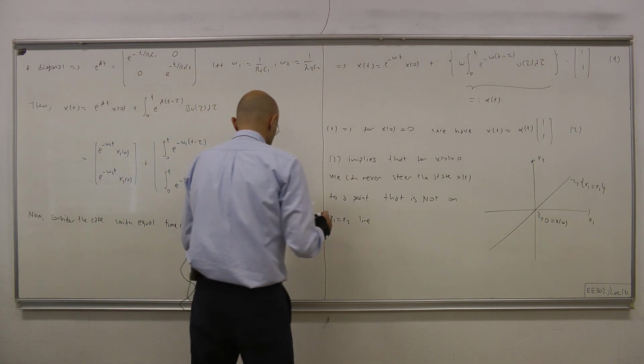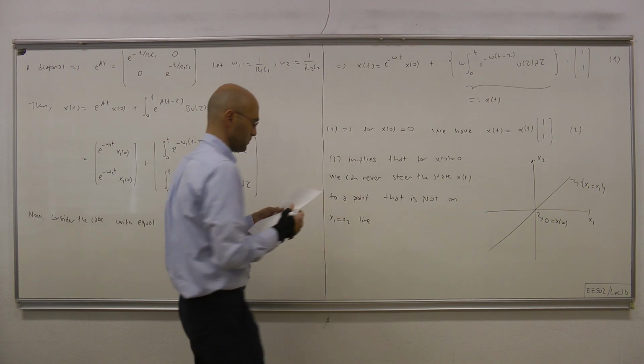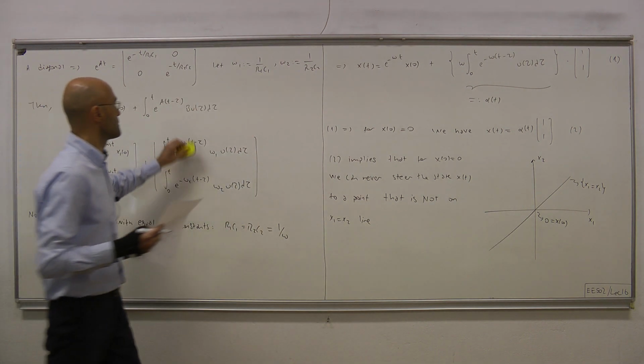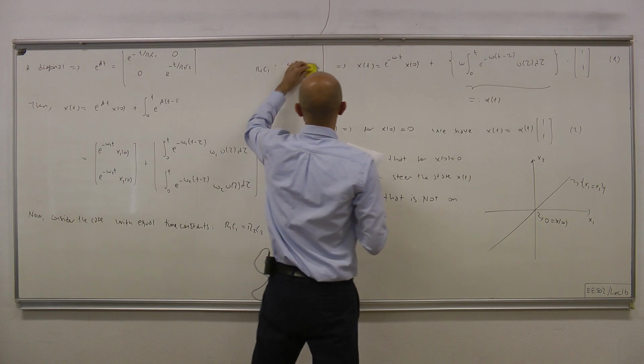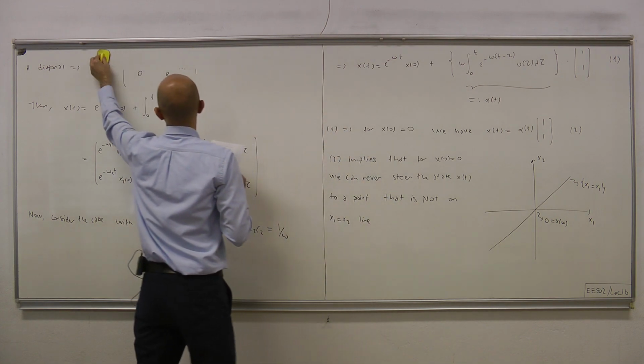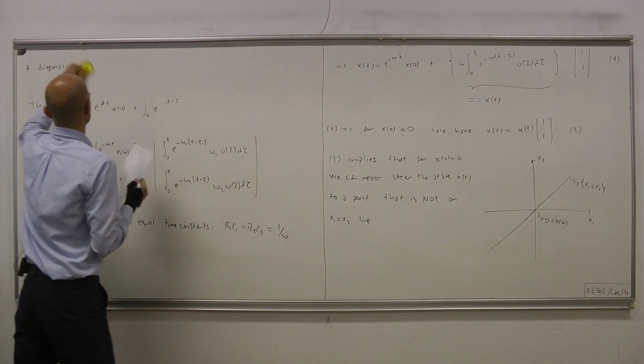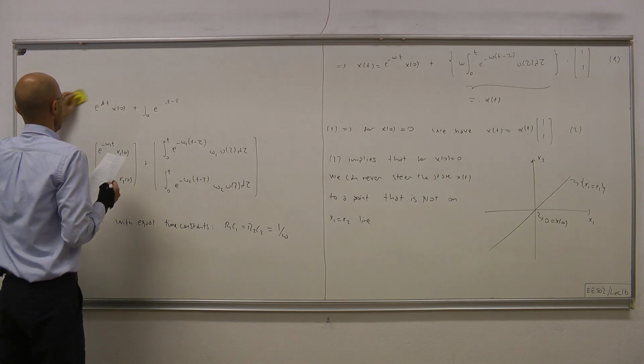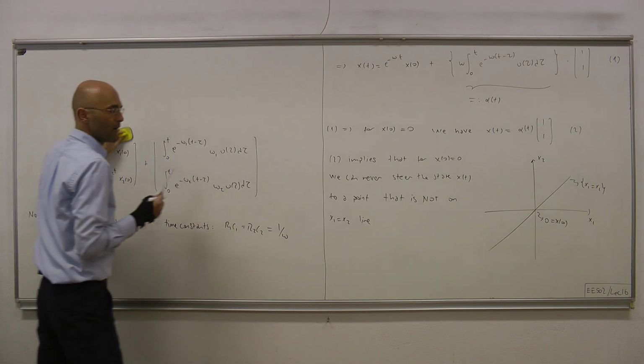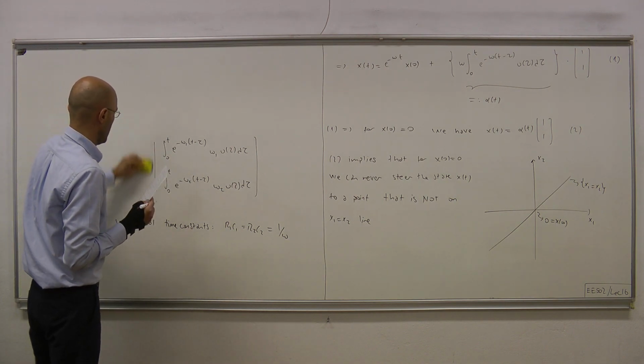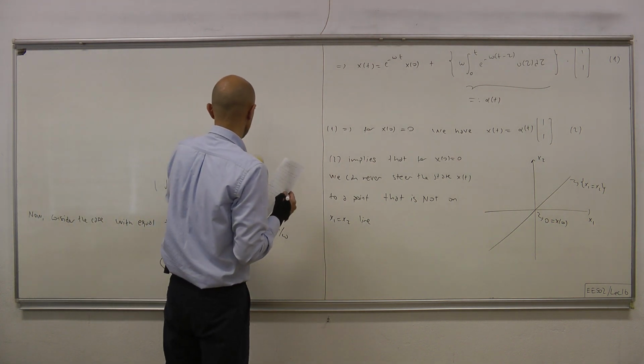Okay, so the reachable subspace for the system is, as we said, the line passing through the origin, and that's spanned by the vector 1, 1.